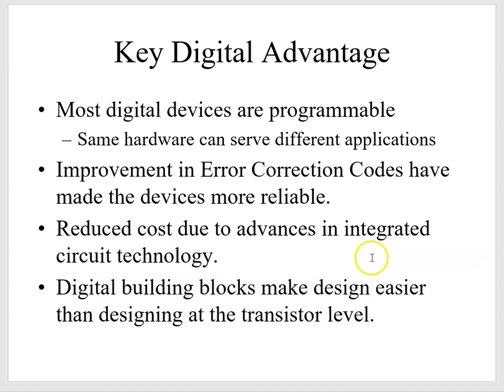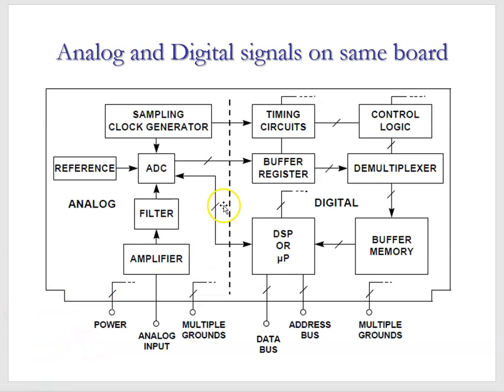Digital building blocks make design easier than designing at the transistor level, and we'll look at that further in this module as well. But a system itself will include both analog and digital signals on the same board, so we have to be aware of that when we're working with our design, and we'll look at that, of course, later in the course.